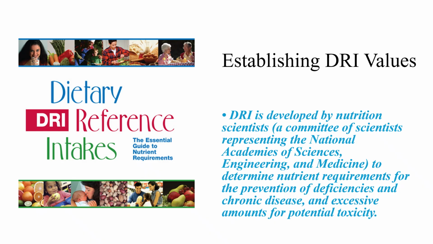What exactly does this committee do? They review scientific research on nutrient functions, health outcomes, and deficiency and toxicity risk. They evaluate clinical trials, population studies, and biomarkers to determine nutrient needs across life stages.